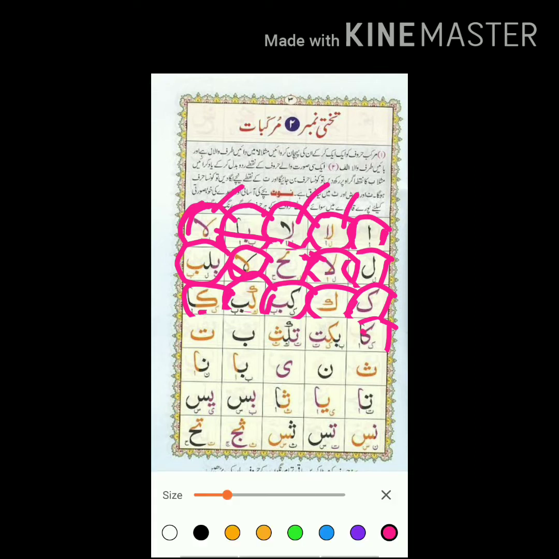Moving to the next box. This is also a very easy shape. There are three letters in this box: ba, kaf, ta. The first one is ba, a boat-like shape with one dot below. Then we have a shape like kaf, like this one.